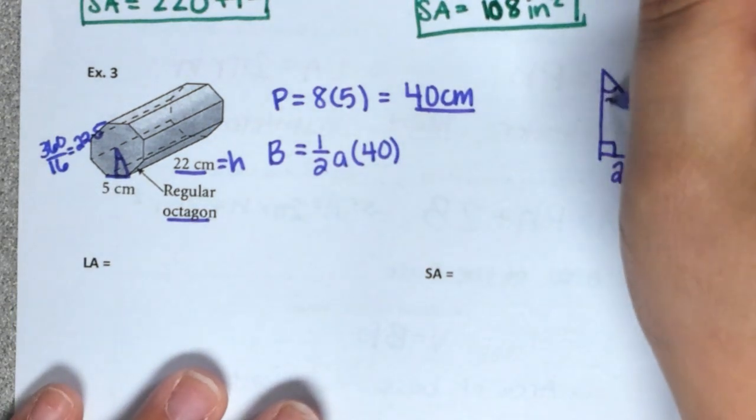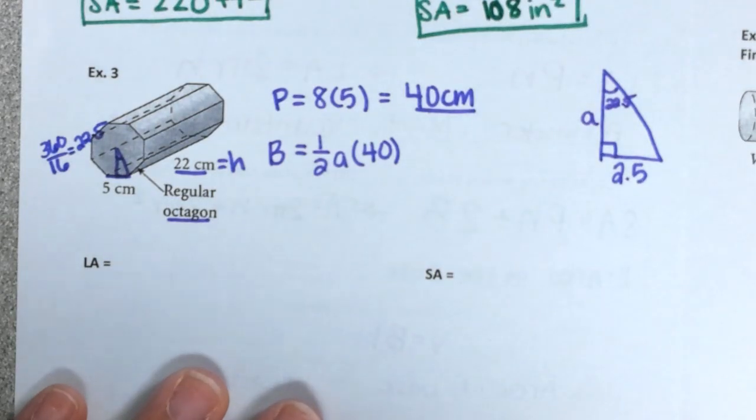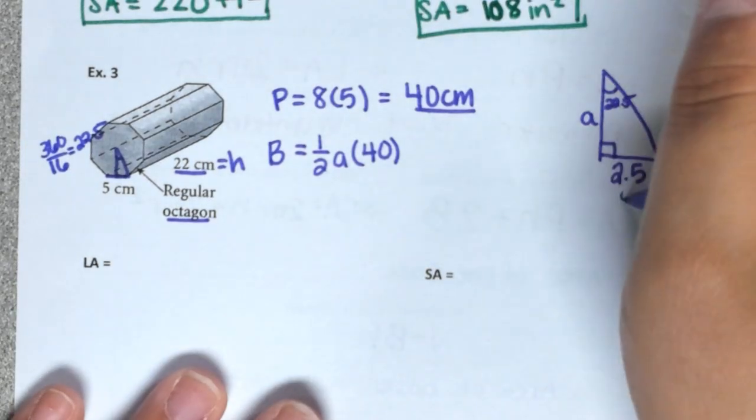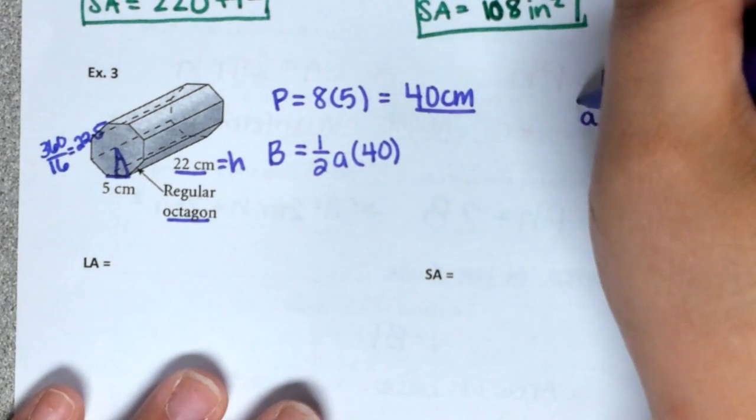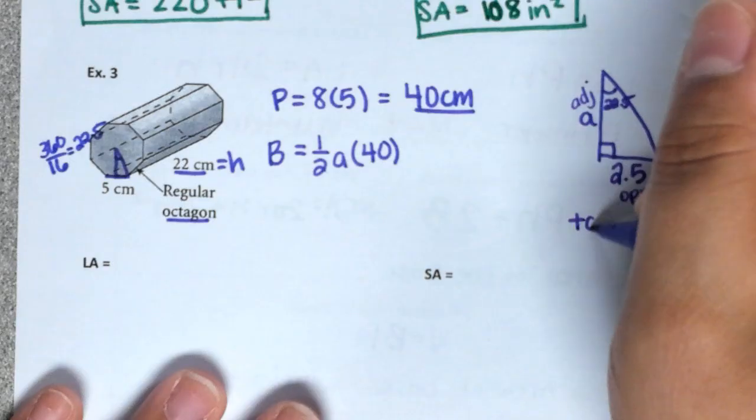I know that this is 22.5, and I want to find my A. What do I have here? I have opposite, and I have adjacent, which is TOA, or tan.